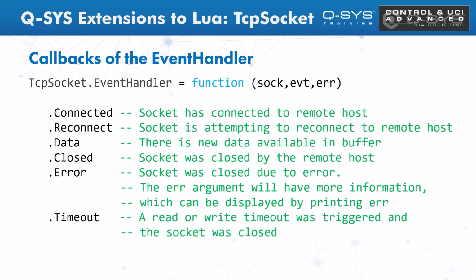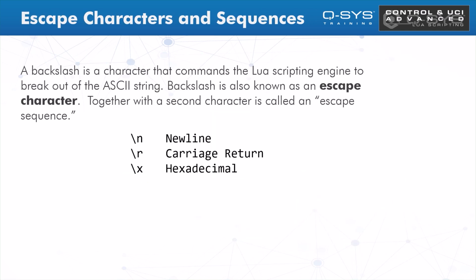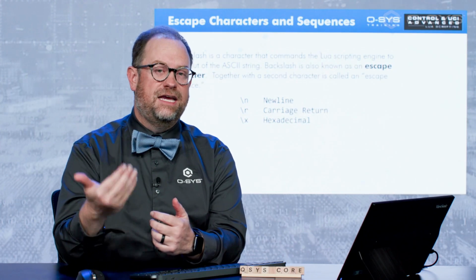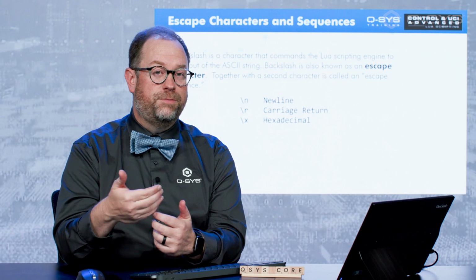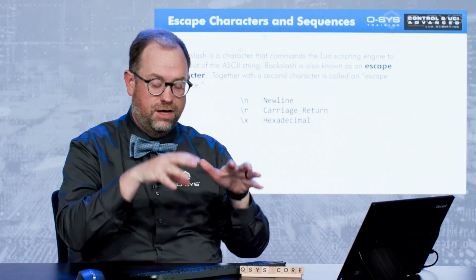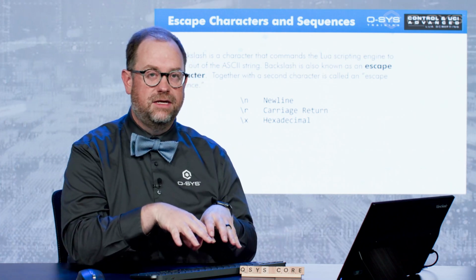That's what the \ is good for. The \, much like the % operator, the directive that we saw when we used string.format, is called an escape character. And it serves the purpose of telling Lua, hey, I need to enter a very specific Scrabble tile. In fact, it's a Scrabble tile that isn't straightforward on my keyboard for how I want to grab it.